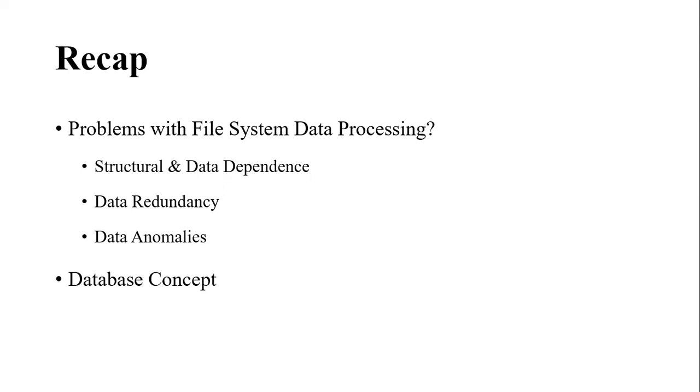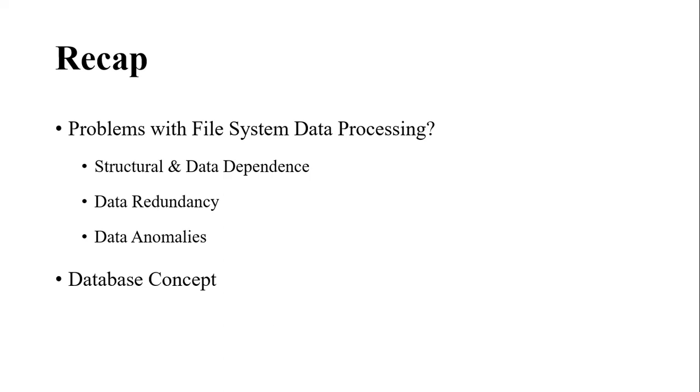When you have one file with name and phone number, another file with name and address, and another with name and job title, when someone changes his name, we have to change all three files. The name data being stored in three locations is called data redundancy.